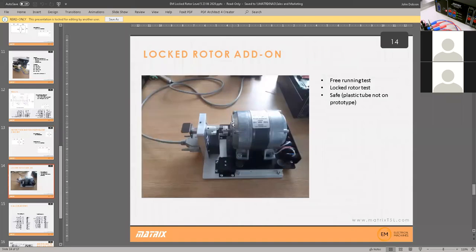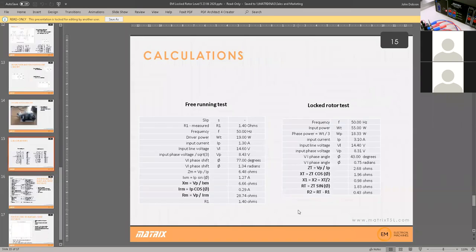There will be on the final model a plastic tube here that stops students from getting their hair or ties caught up in the mechanism. The mathematics is very simple. We then just deduce the value of all the terms. The other assumption we make is that the two reactances in the main circuit are equal, and that's based on previous experience. Students have to accept that, and so it's possible then to deduce all the values in the equivalent circuit.